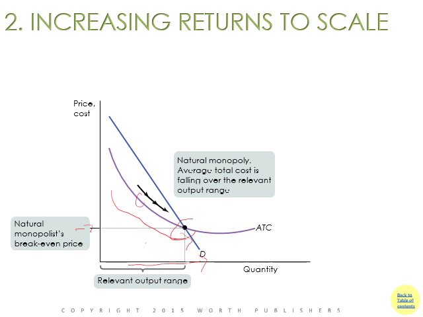So if you only had two firms in the industry, each sharing the market, their average total cost of production would be much higher than if there were only one firm in the industry. So for that reason, industries with increasing returns to scale are sometimes referred to as natural monopolies.